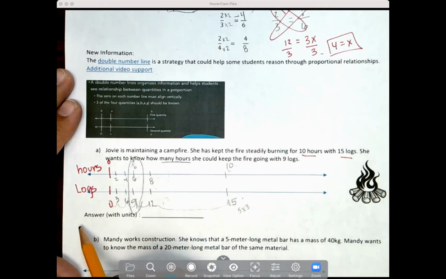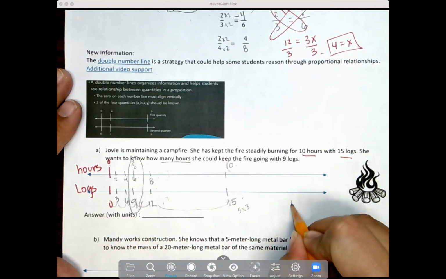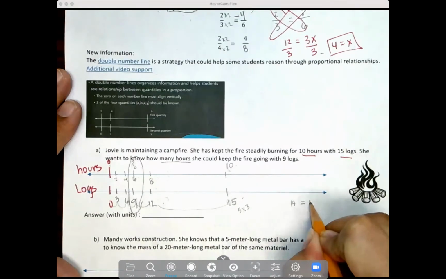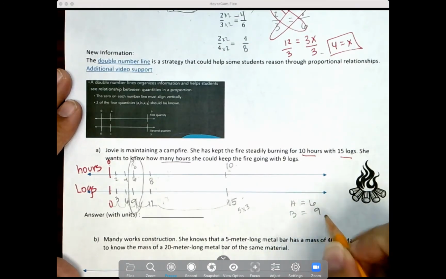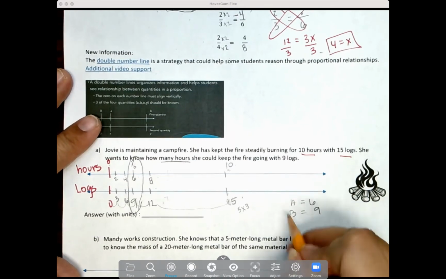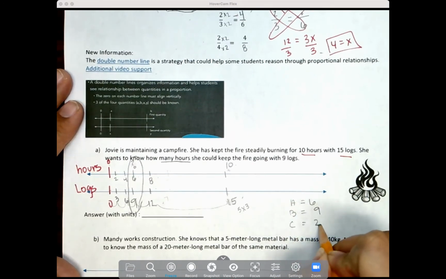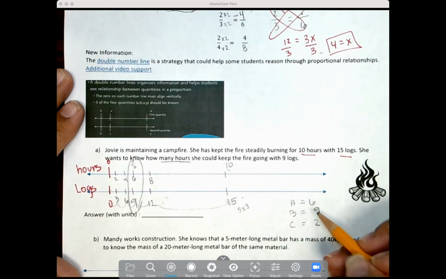Okay. The next thing that students need to be able to understand is what the question was actually asking for and what answer they need to provide. Because what they'll see is something like A equals 6, B equals 9, and maybe even C equals 2. Okay. And the problem is that they don't know which one is which.